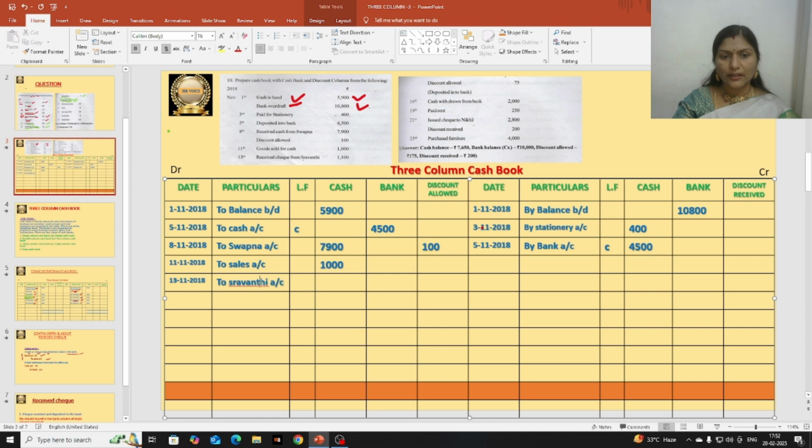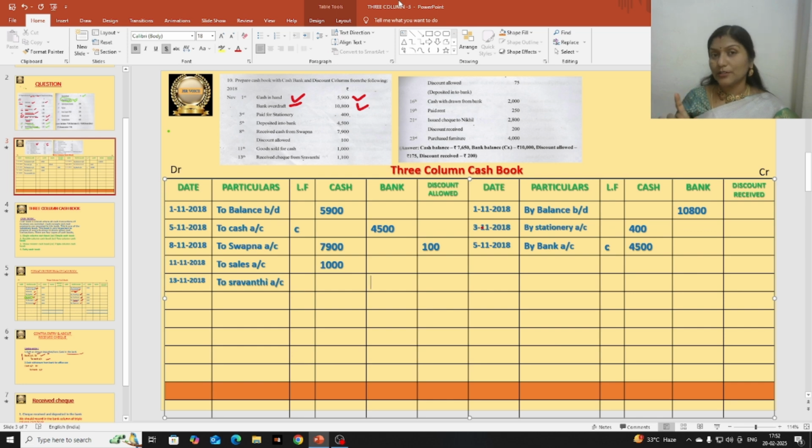Okay, so we recorded to Shravanti account, and where we will put the amount? In bank column. I explained why we are going to record in bank column. Okay, it is that check, and that check is deposited in the bank on the same day. That is why we are going to record in bank column.